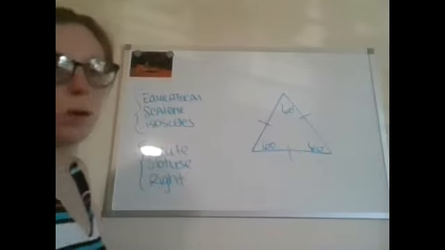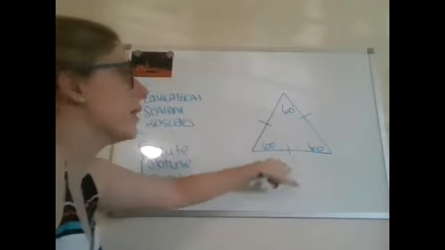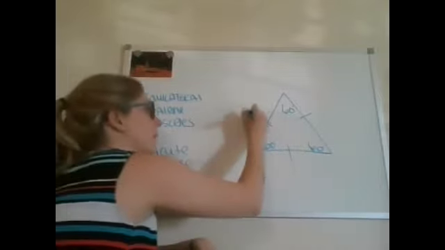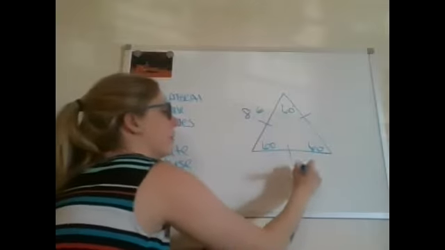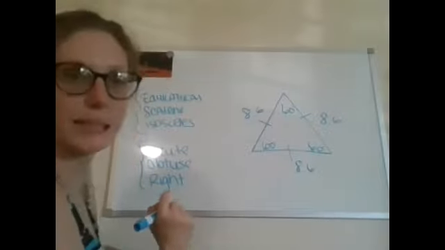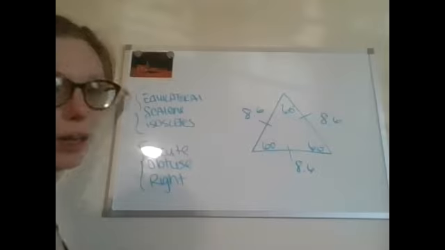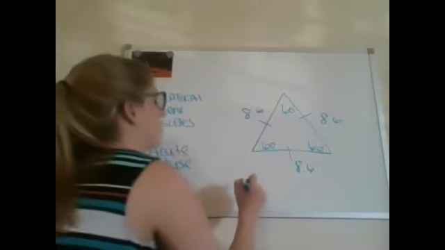Okay, if I give you this one, I automatically tell you all three sides are the same. You might see tick marks. It could also be something like where they all have a number. So say I tell you all the sides are equal to 8.6. Automatically, you can say, they're all equal, so it has to be equilateral, right?